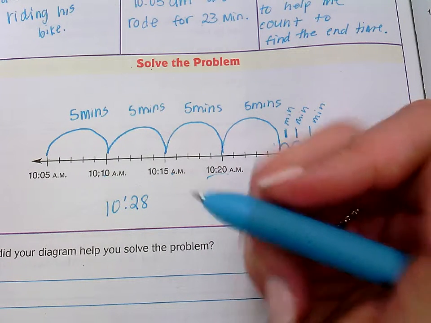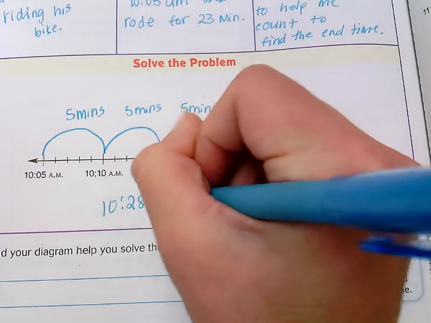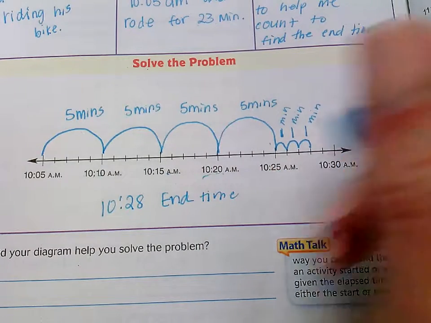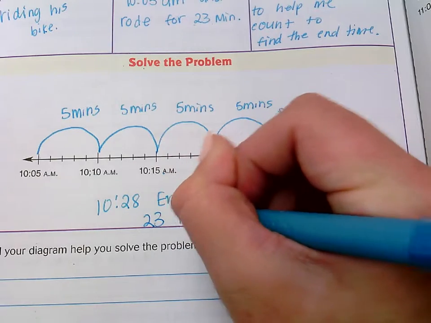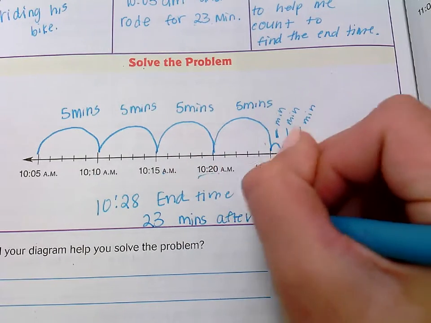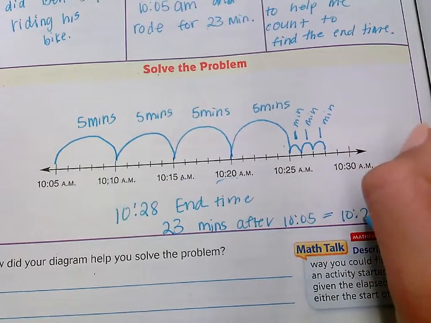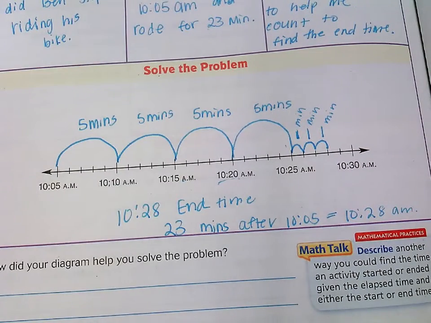He stopped at 10:28 is his end time. So 23 minutes after 10:05, 10:28. And we're done. Let's go to the next page.